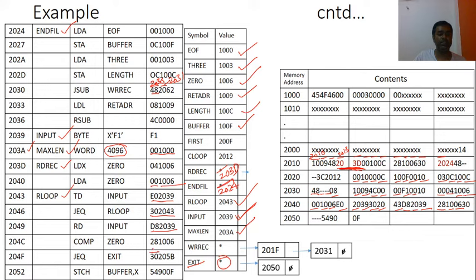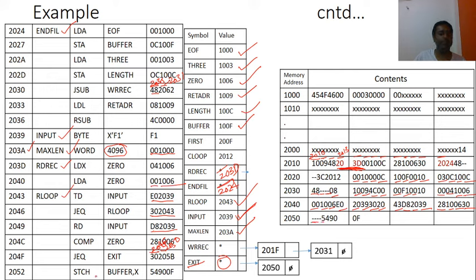So this one is 204F, and the next address will be 2050. So EXIT is required at address 2050. So in the list 2050 will be entered. And we can load only 30 and just leave 2 bytes of memory blank corresponding to EXIT. 30 is loaded here and 2 bytes are left blank here.